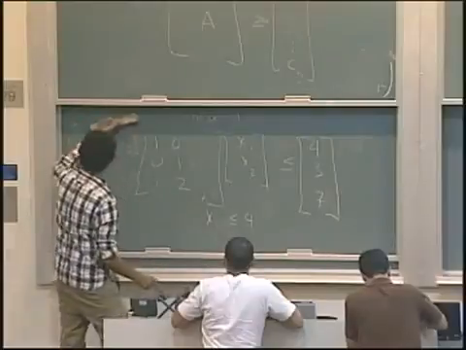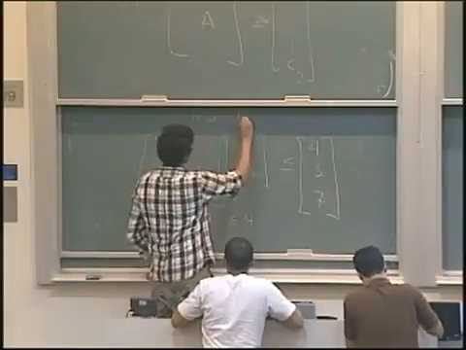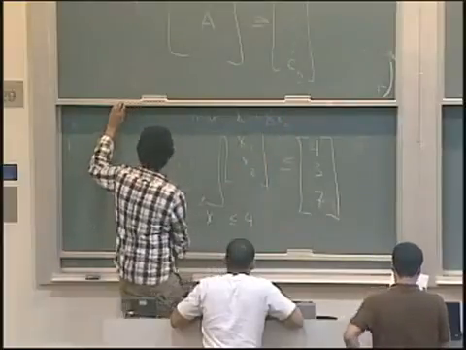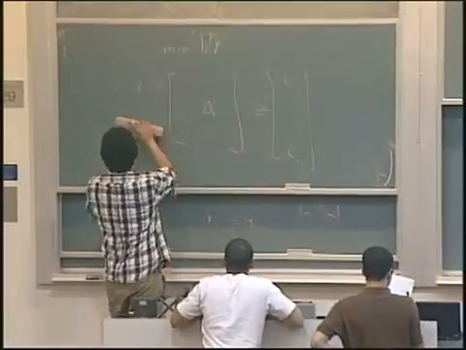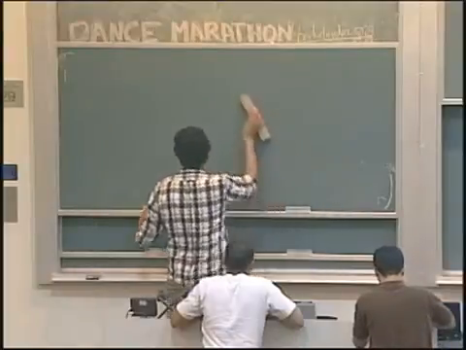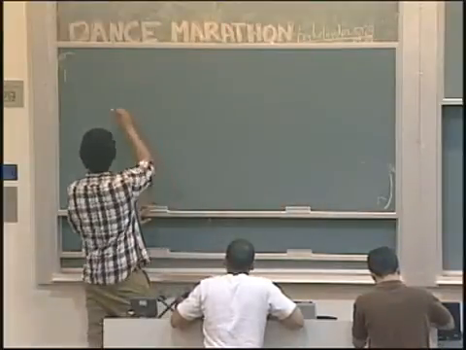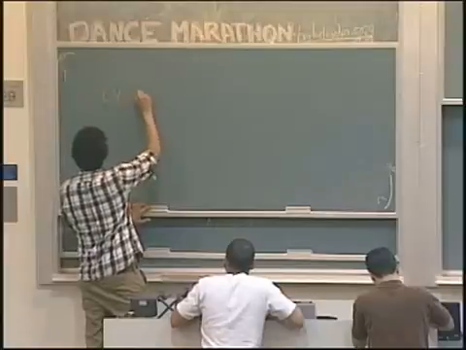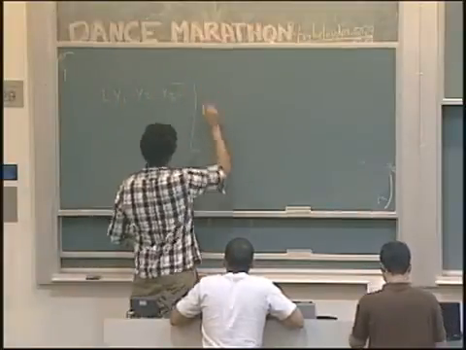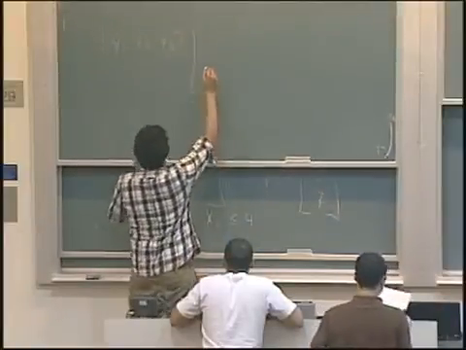So this would be the max x1 plus 8 x2. So now you get y1, y2, y3.